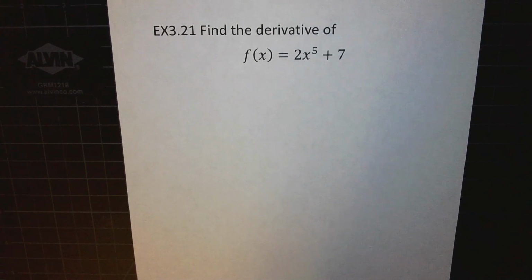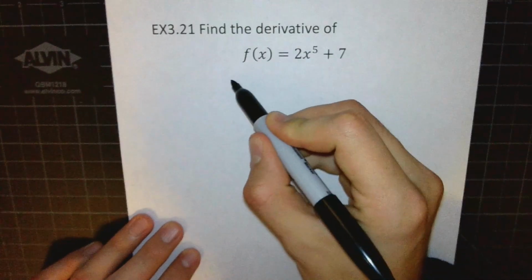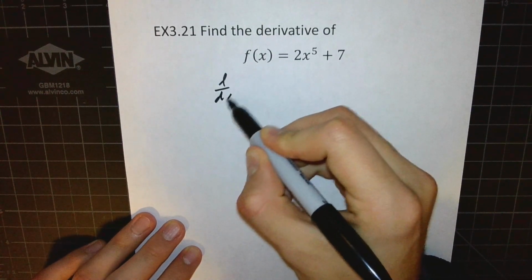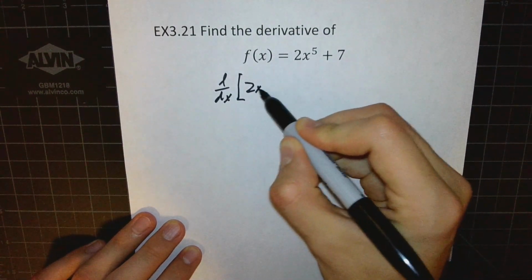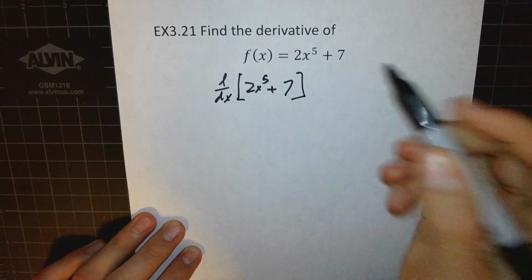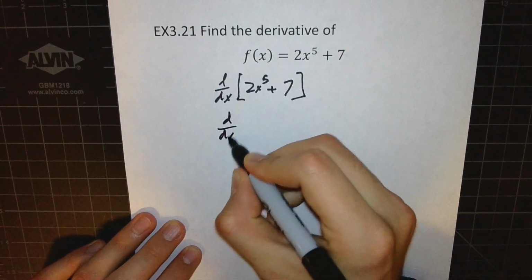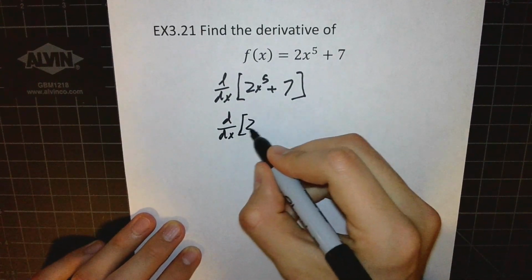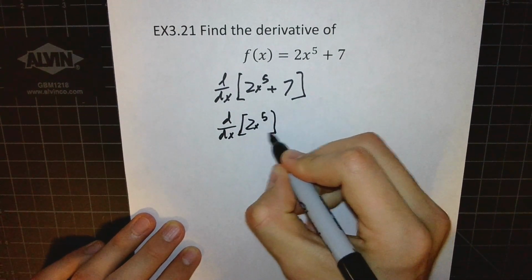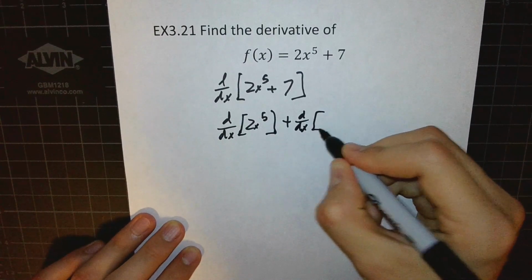Here we have our sum, difference, and constant example. So if we want to take the derivative of 2x to the 5 plus 7, we know that this is the same as saying d/dx of 2x to the 5 plus d/dx of 7.